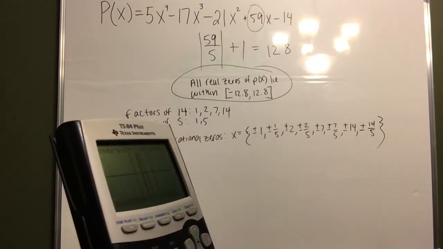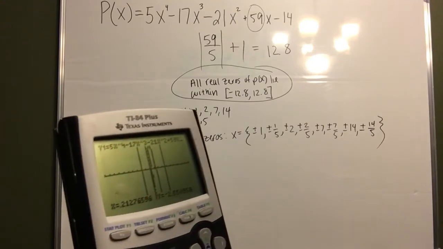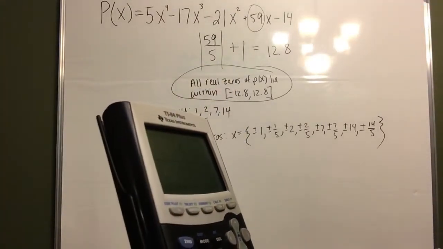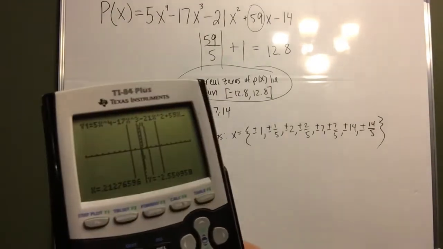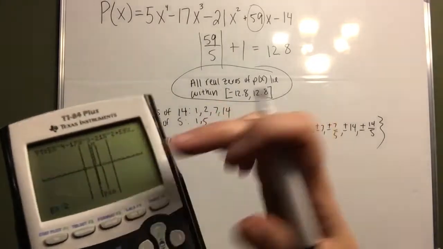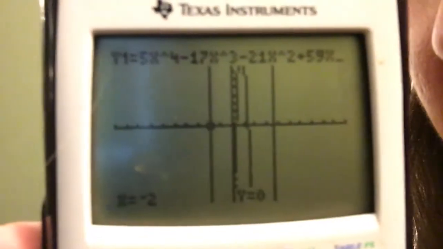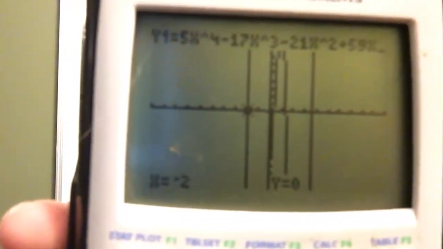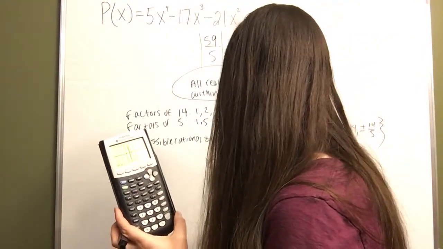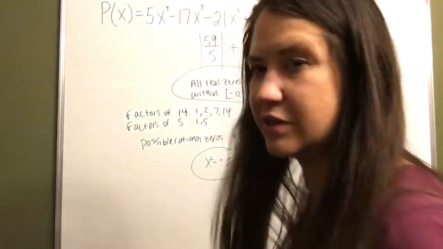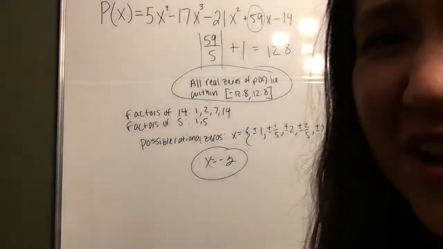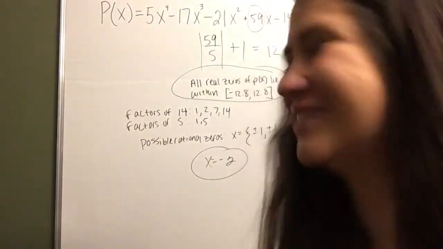So I remember from class what actually worked. Looks like -2, actually I can see here. -2, okay, yeah. So -2 does work. See how the cursor's on there? -2, 0. All right, I'm gonna write that down there. X equals -2 works.